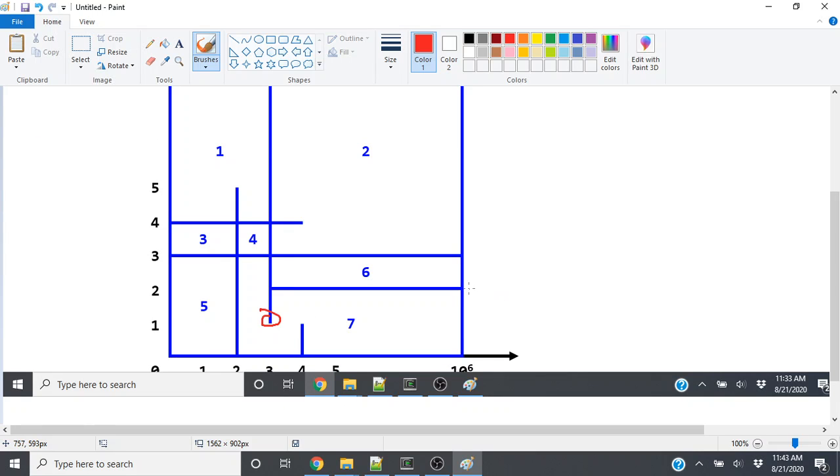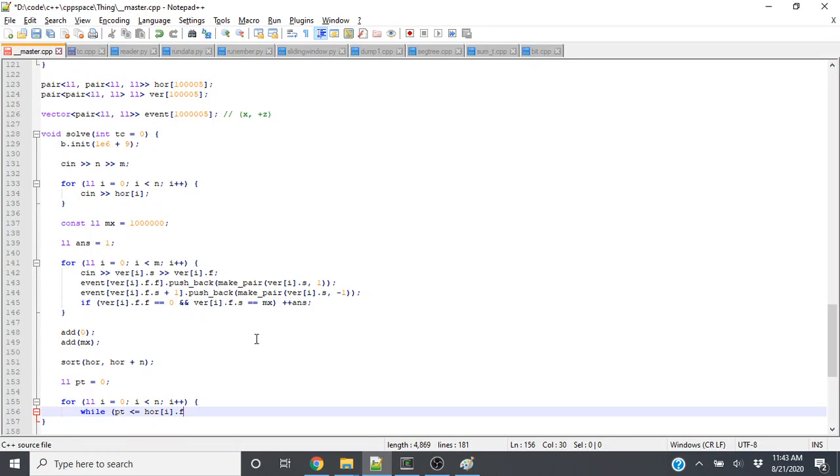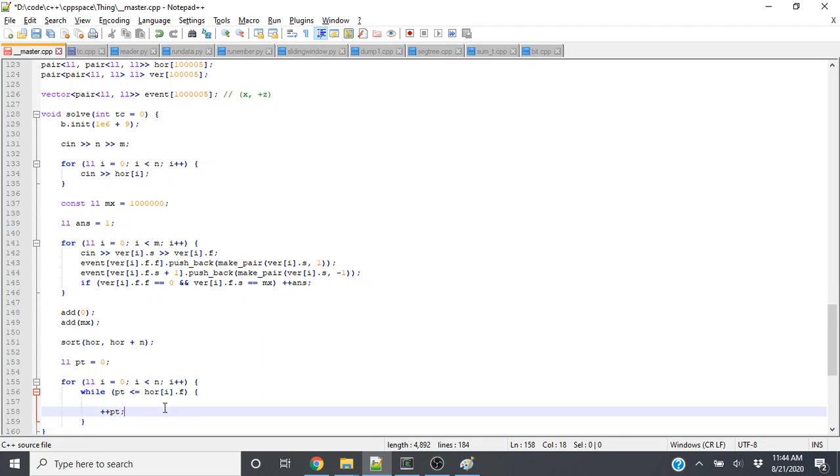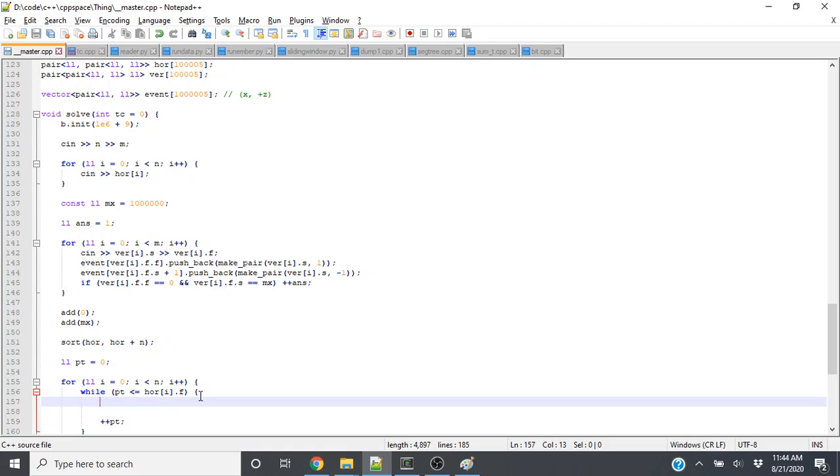So we need to apply all the events in this range, which is what we're doing with this pointer. Point, just make sure to remember that, because I always manage to forget that somehow.